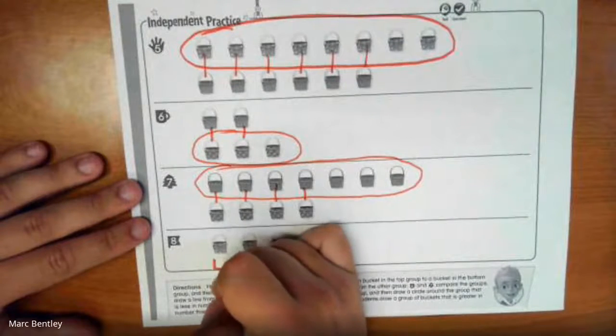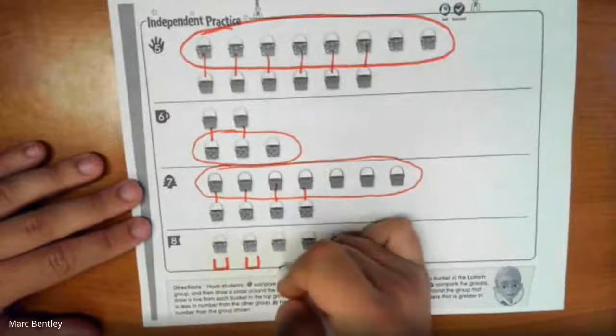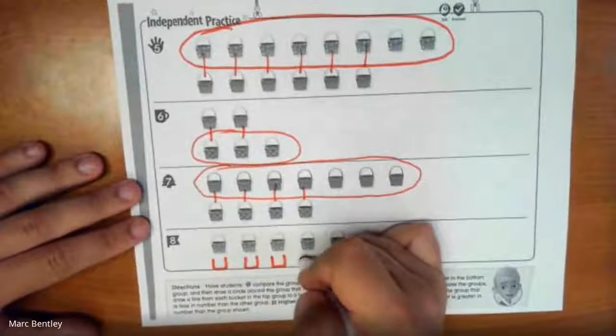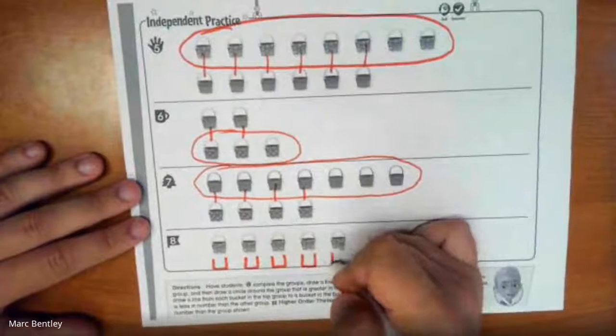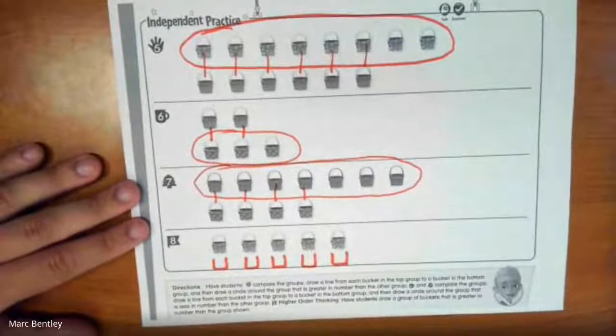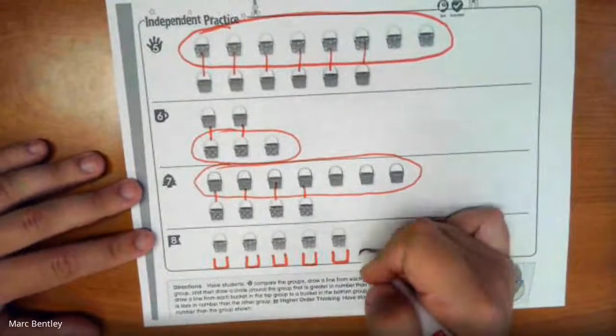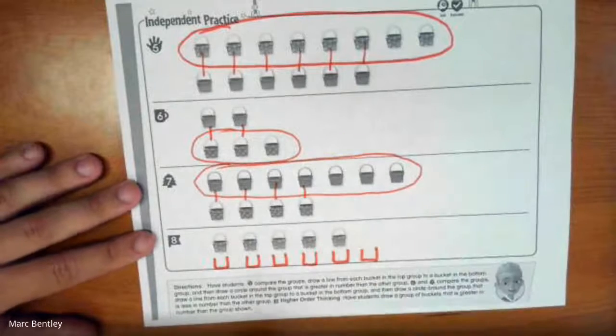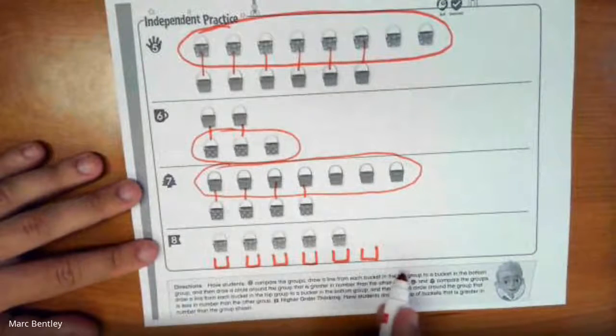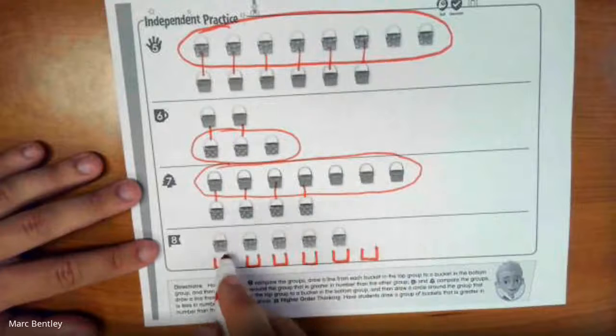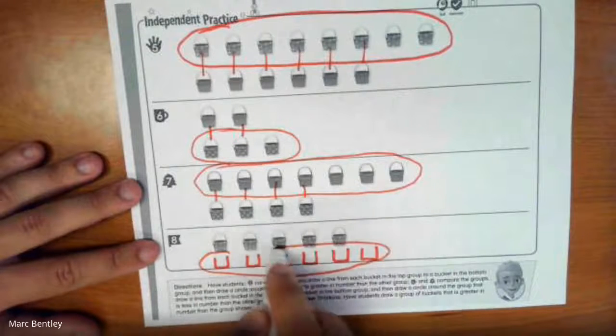So it's going to be 1, 2, 3, 4, 5. But we need to make a bigger group of buckets than this top group. So I'm going to go ahead and draw 1 more. Now I have 6 buckets down here and only 5 at the top. There's more in this group.